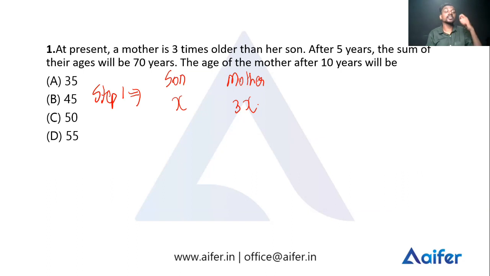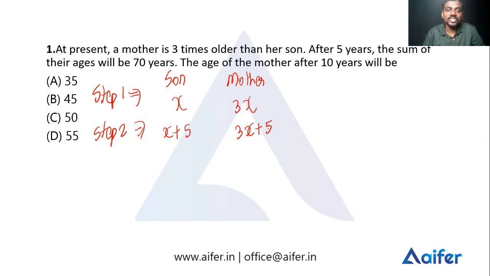The new condition here is after 5 years, that is X plus 5, not 15, it's only 5 years. Then we have 3X plus 5. So step 1: age of son X, age of mother 3X. Step 2: age of son X plus 5 and age of mother 3X plus 5.